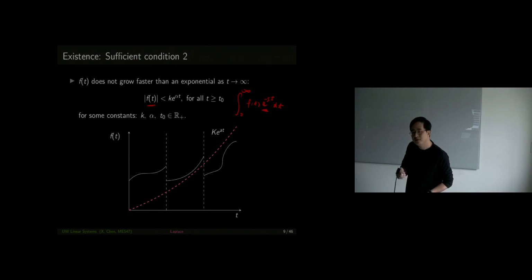It cannot increase faster than any exponential function in the end. If this keeps increasing really, really fast as time goes to infinity, then this exponential function can no longer control what happens at infinity, right? Many exponential functions will die out eventually, will converge to 0. But if f is too big, then we cannot control what happens at infinity.